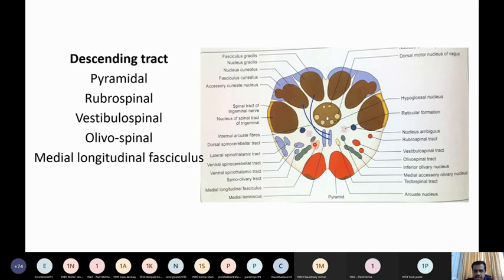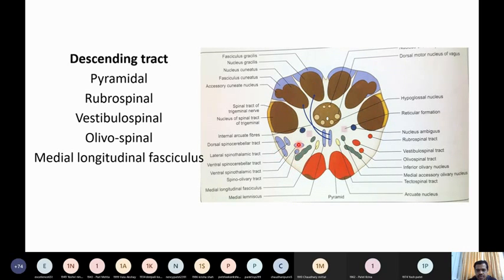The medial longitudinal fasciculus increases in size as we move upward. Here you can see it is only a small area. As we move upward towards the pons, this area will increase in size. So these are the descending tracts found at this level. Clear? Once again I'll repeat. The ascending tracts are fasciculus gracilis, fasciculus cuneatus, then the spinal tract of trigeminal.